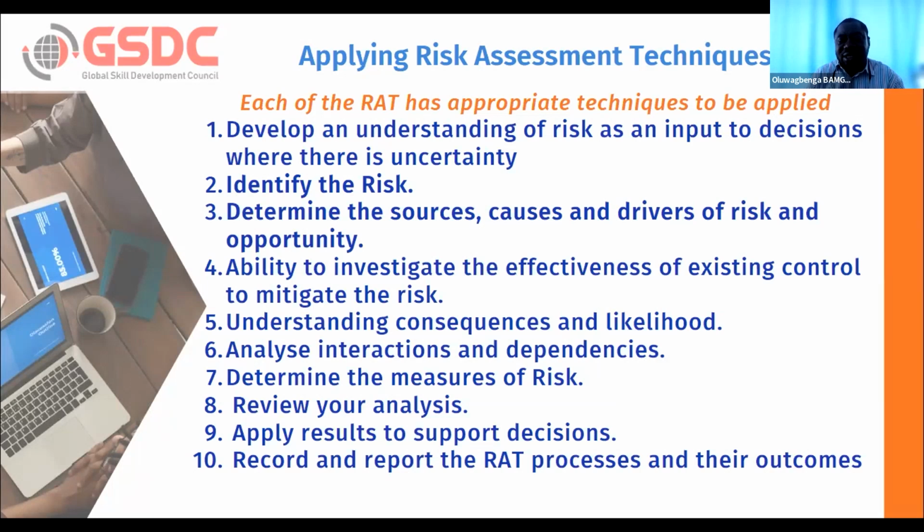Then someone is asking about 31000 and 27005. 27005 is largely a more specific set of risk assessment requirements that we need to meet around information security. But 31000 is more generic, because you will only be using 27005 ideally for an environment that has information security.